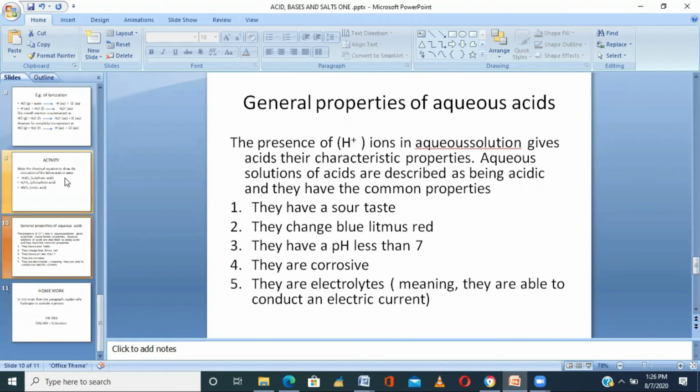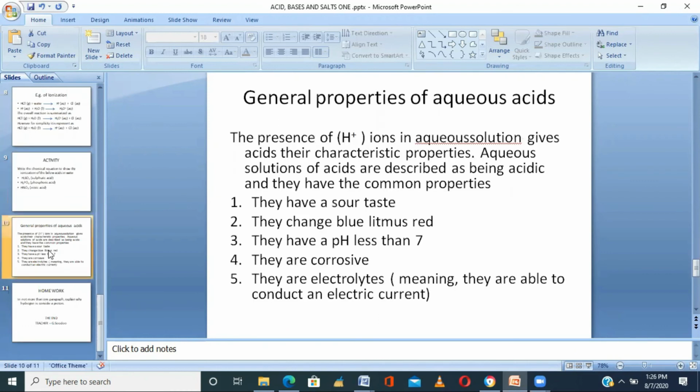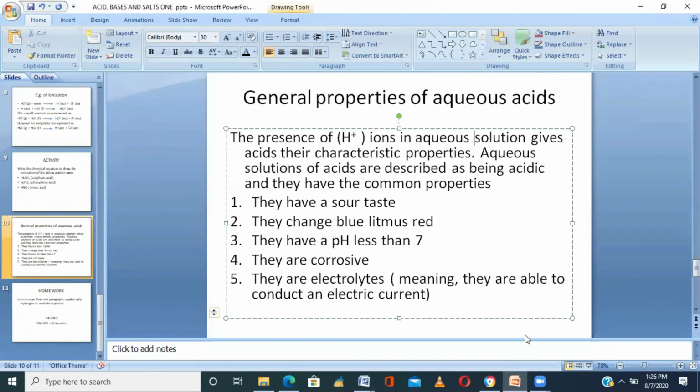So I sent you this PowerPoint already. You can go through it back. Also, I'm going to put it in the Google Classroom. In addition, we need to look at general properties of aqueous acids. Remember, these are the acids that are dissolved in water. That's what aqueous means. So, basically, the presence of H plus ions in aqueous solution gives acids their characteristic properties.